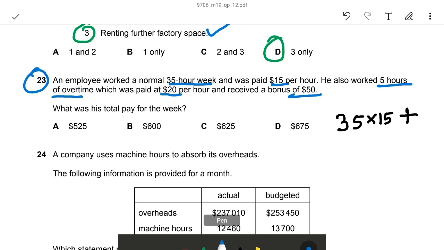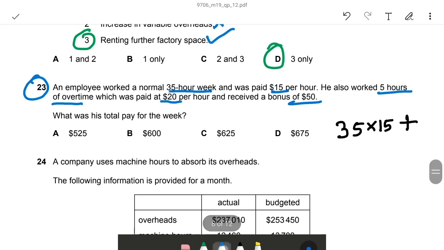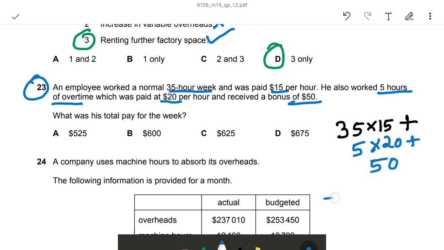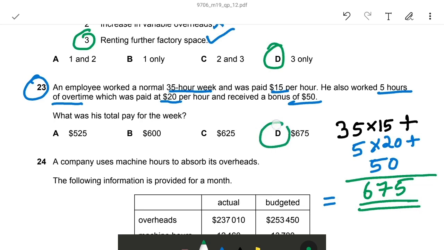He worked 5 hours extra, so 5 multiplied by 20, plus the bonus of 50. How much does it come to? Total 675. So the correct answer is D.